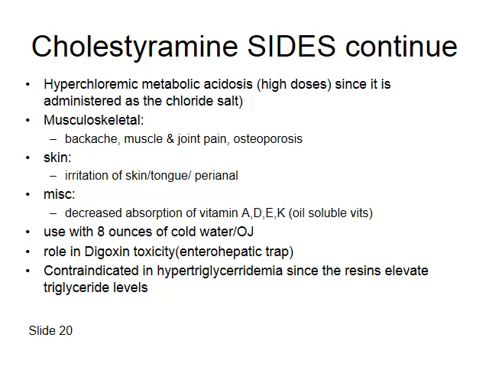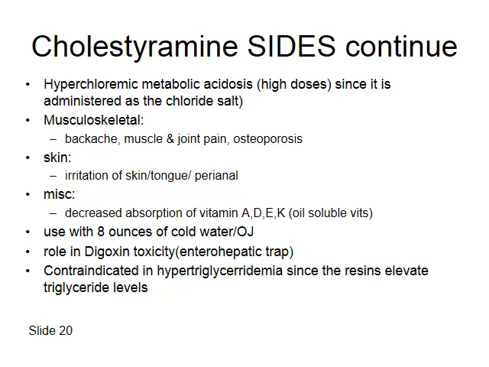Again, the musculoskeletal effects, things like backache, muscle and joint pain have been reported. Osteoporosis in older patients has been reported. But as we keep going down, irritation of the skin, of the tongue, of the perianal region, of the epithelial surfaces, these resins have been reported to be irritating.